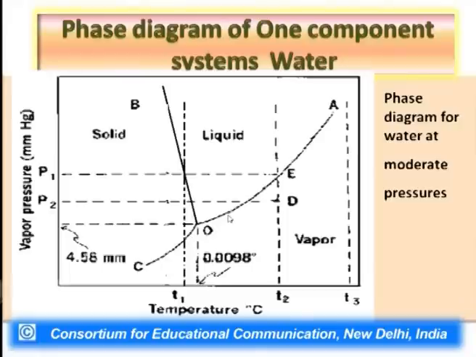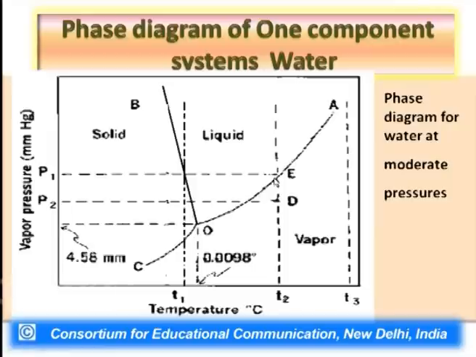Now you can see on the phase diagram, this point E represents one condition of temperature and pressure. Point E represents the temperature T2 and the pressure P1. At point E, pressure is P1 and temperature is T2.